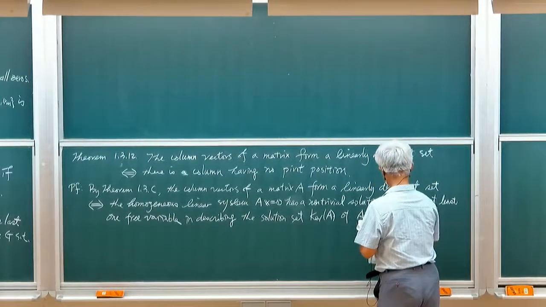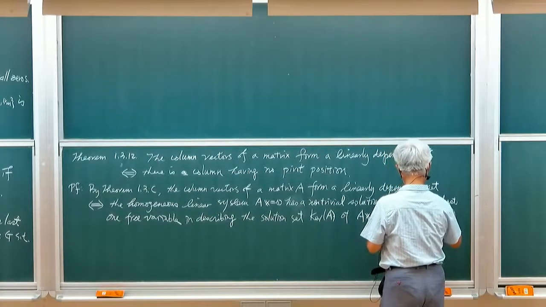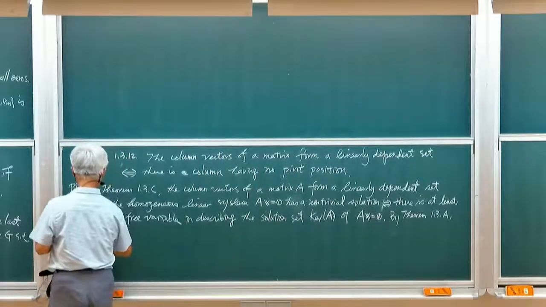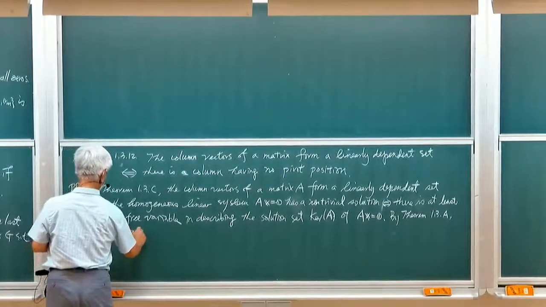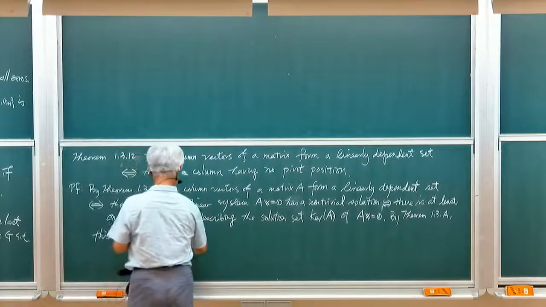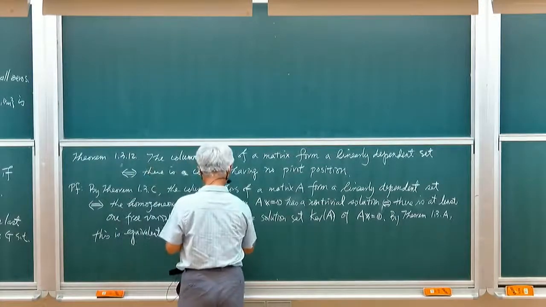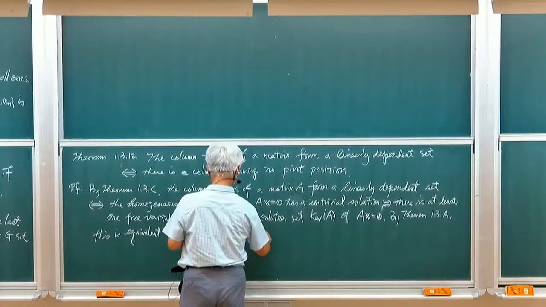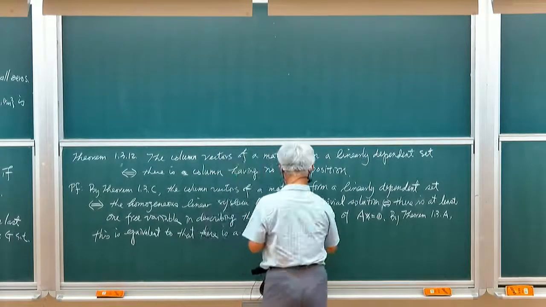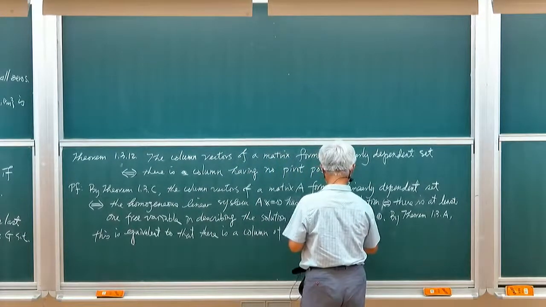So now, by theorem 1.3.8, right, this is equivalent to that there is a column of A having no pivot position.